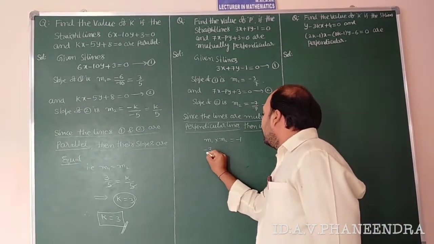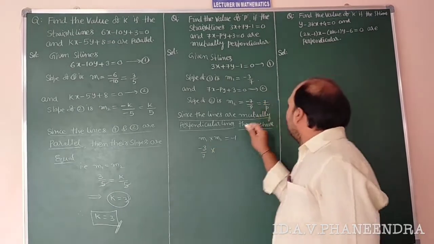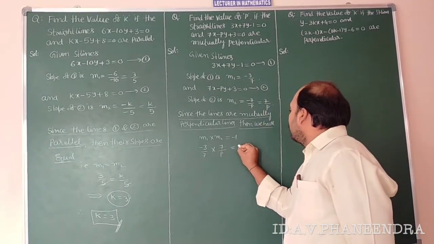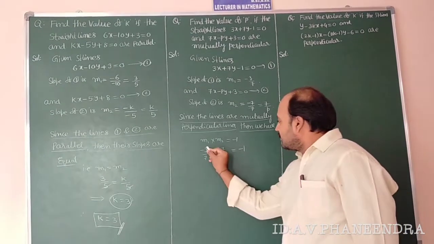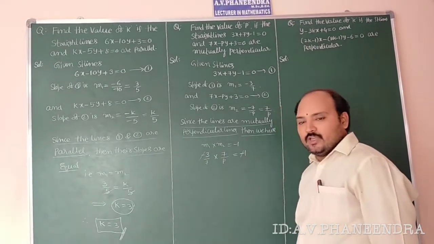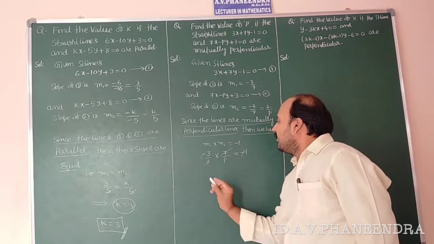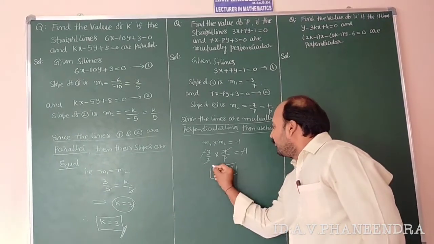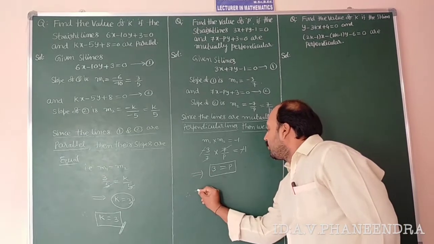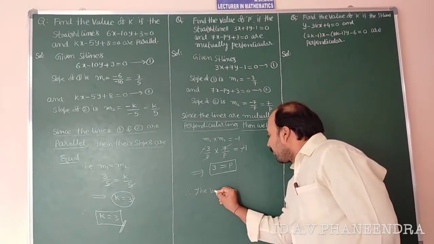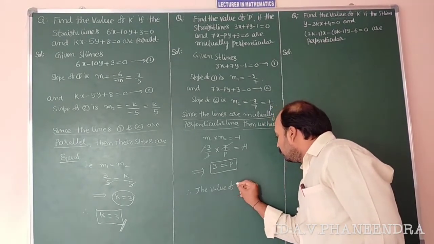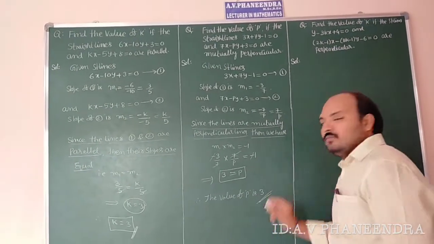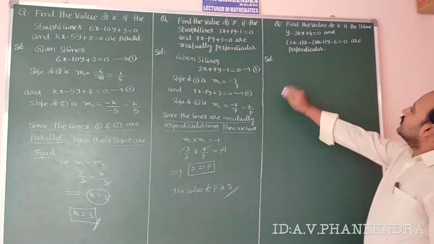Minus 3 by 7 into m2 value 7 by p, which is equal to minus 1. Both sides here minus you have to cancel it. Here 7 you have to cancel it. 3 is equal to p, cross multiplying. Therefore, the value of p is 3.